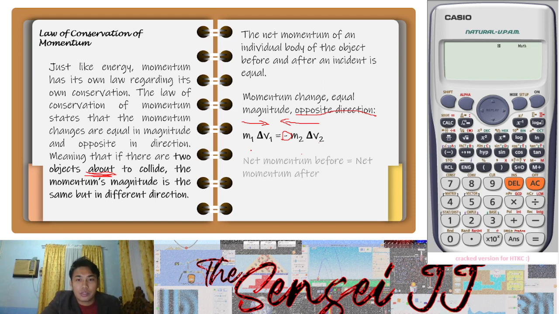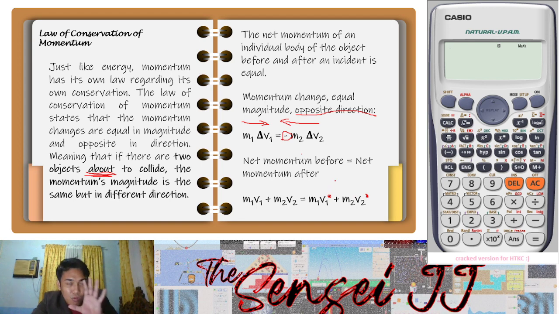So with this, the net momentum before is equivalent to the net momentum after. We have here the formula m1 v1 plus m2 v2, which is equivalent to m1 v1 prime plus m2 v2 prime. This prime indicates that this is after the collision.